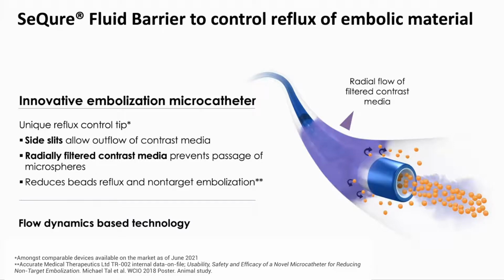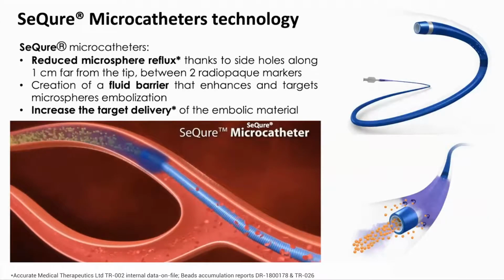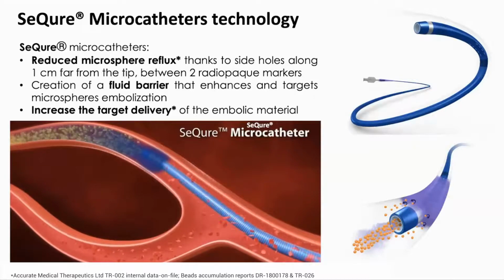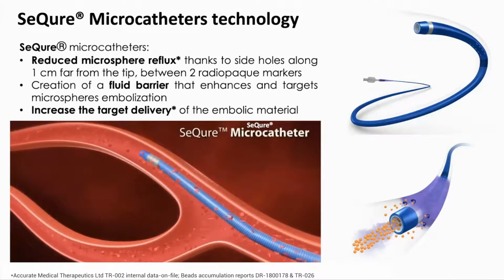The radially filtered contrast media prevents the passage of these microspheres. So it reduces bead reflux and non-target embolization. This microcatheter creates a fluid barrier that increases the target delivery of your embolic material.